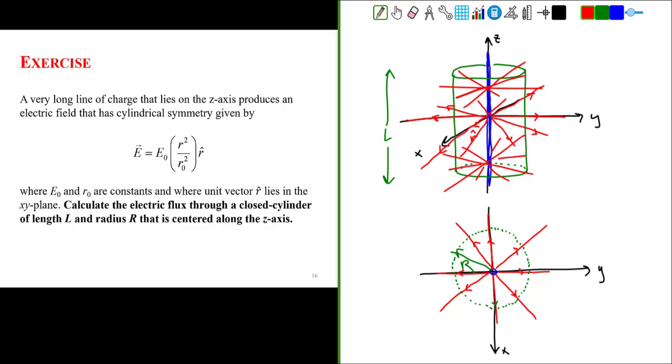For us, looking at the top-down view gives us a really nice perspective of the relationship of the electric field with the area vector.